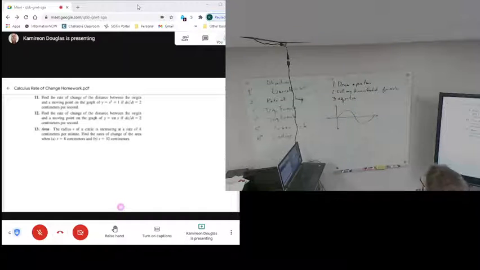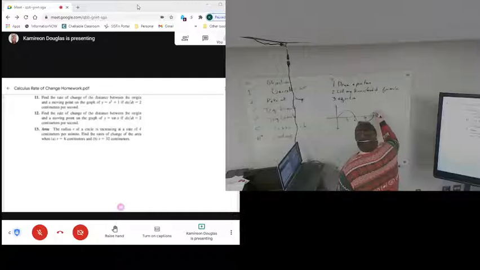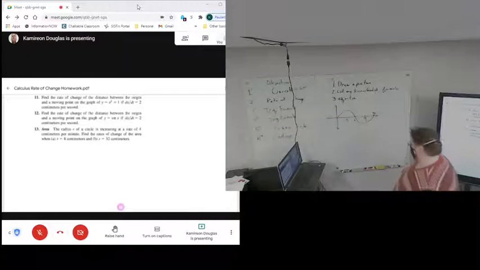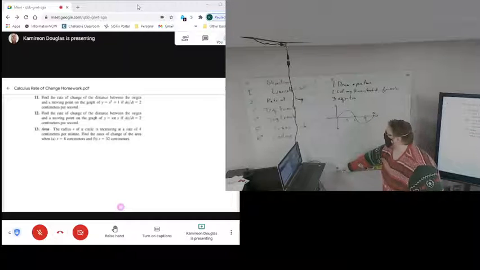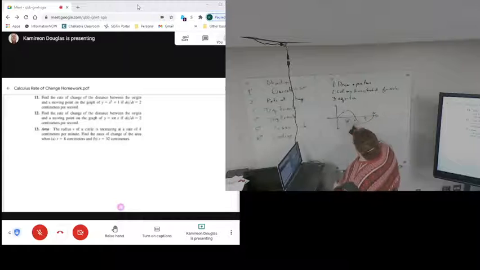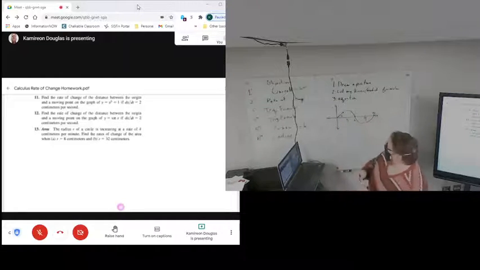I've been practicing. We have pi over 2, pi, 3 pi over 2, 2 pi. And what we're talking about here is what's happening to the distance at any point in time between a point on this grid and the origin, which I'm going to label as d for distance.